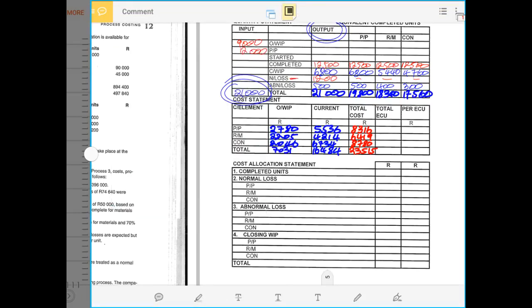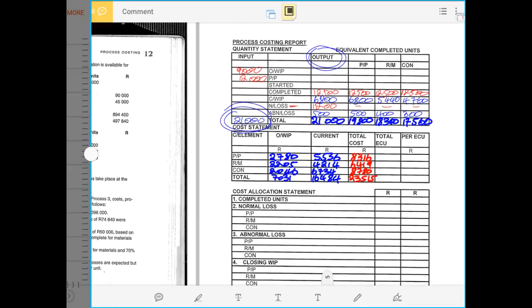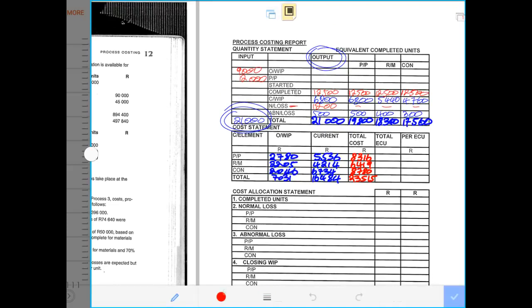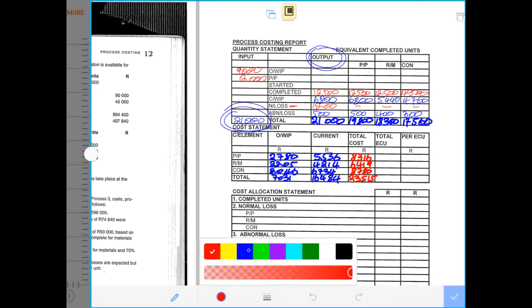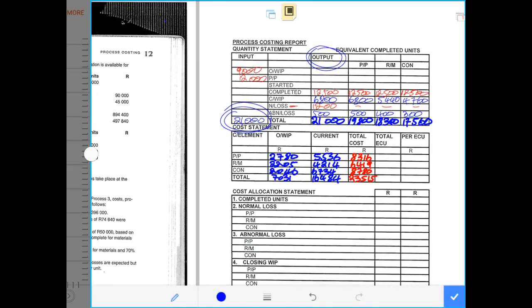Remember, our total equivalent units come from the previous table that we have done, the quantity table where we dealt with the units. So it comes from the quantity statement. Everything in this column comes from the quantity statement. This line is in line with previous process, PP.